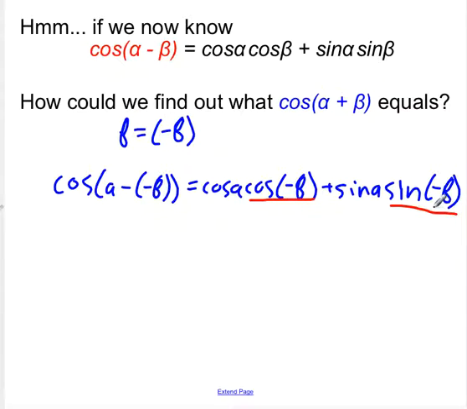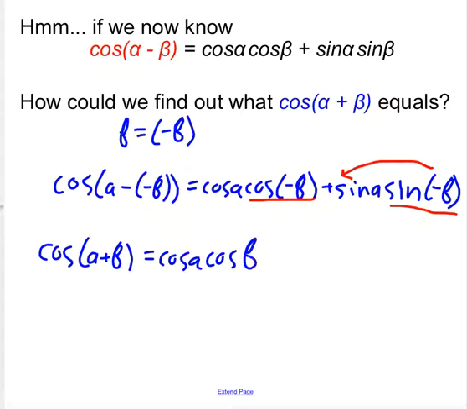Sine of negative beta, well, the negative we can't just ignore, but it's the same thing as negative 1 times the sine of beta. So this negative can come out front.